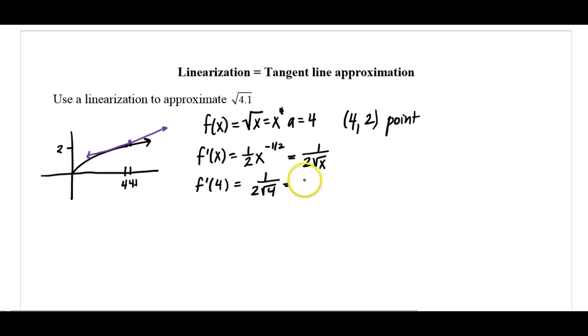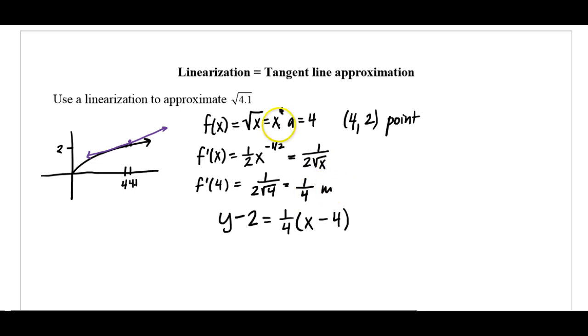So that's 1 over 2 times 2. So my slope, my m, is 1/4. So here's my point, here's my slope. So I'm going to go ahead and substitute in y minus y1 equals m times x minus x1, so my coordinate point and my slope.